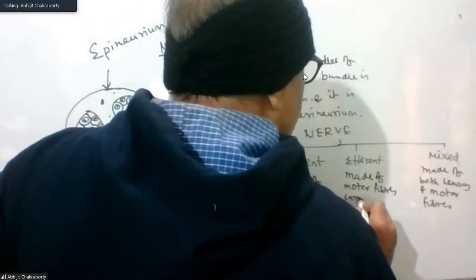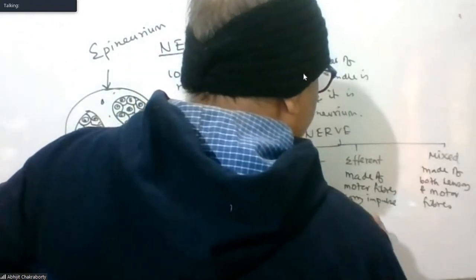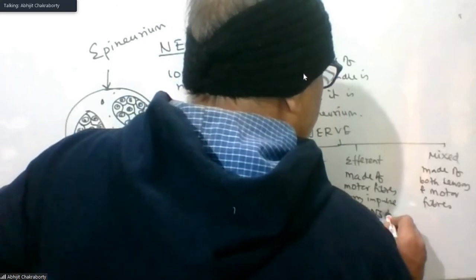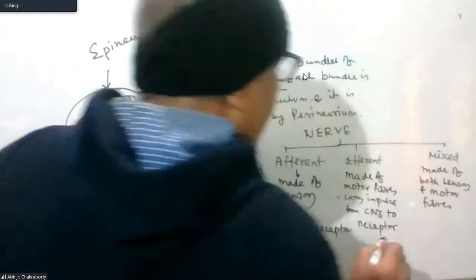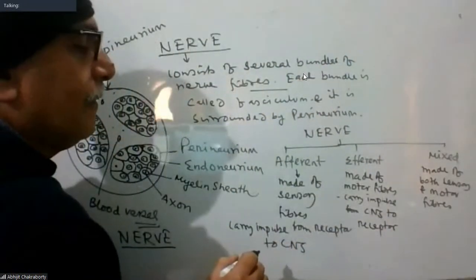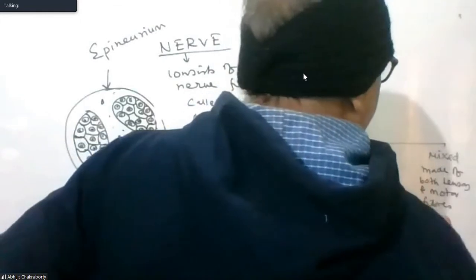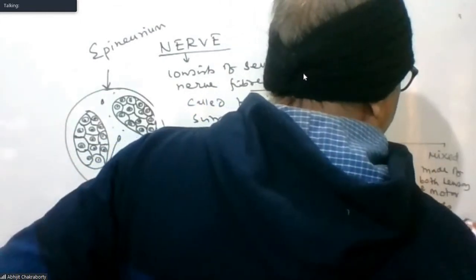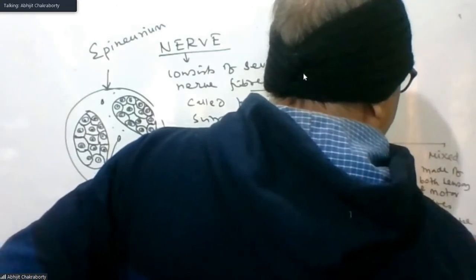Efferent carries impulse from CNS to effector. Mixed carries impulse in both directions.